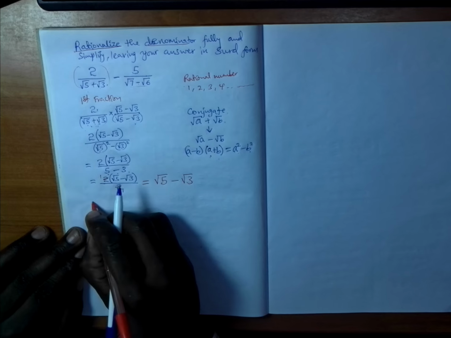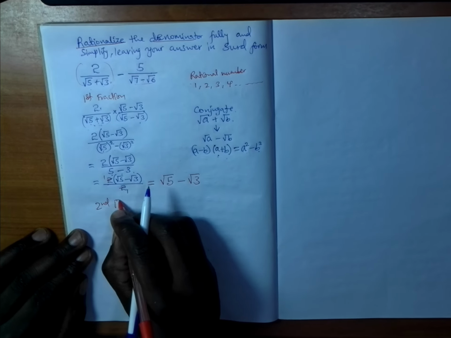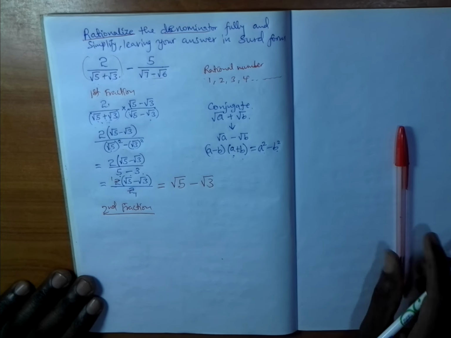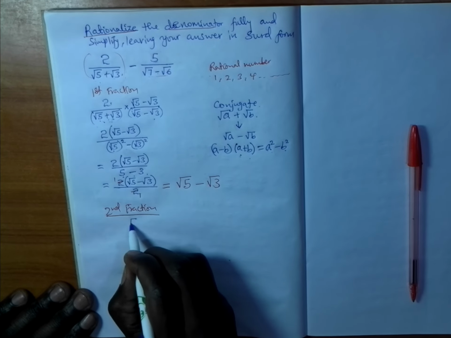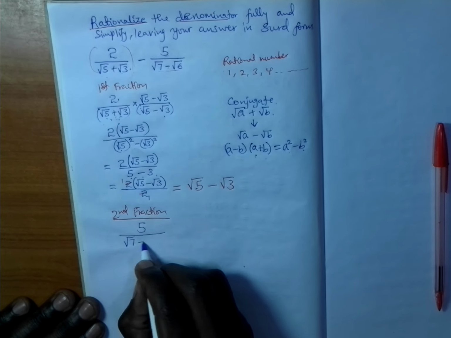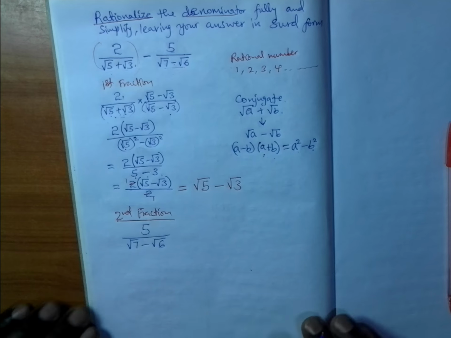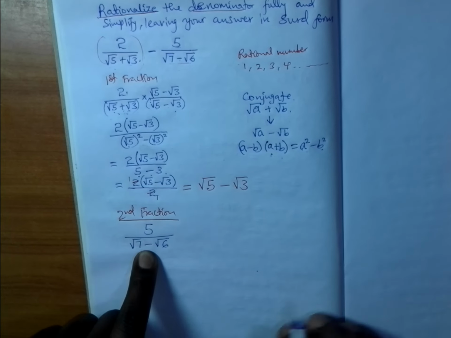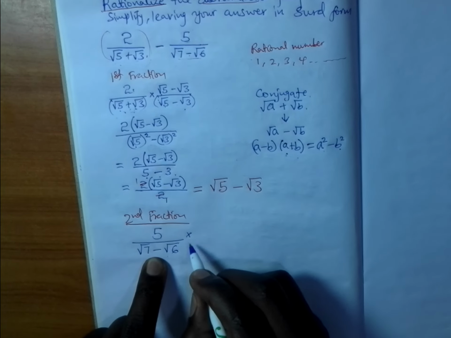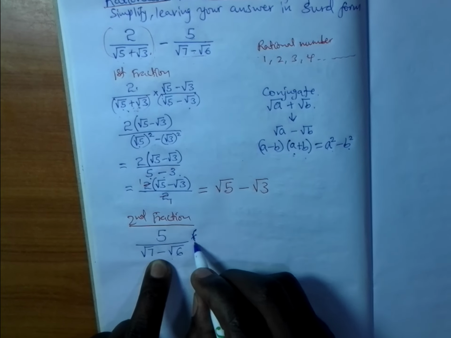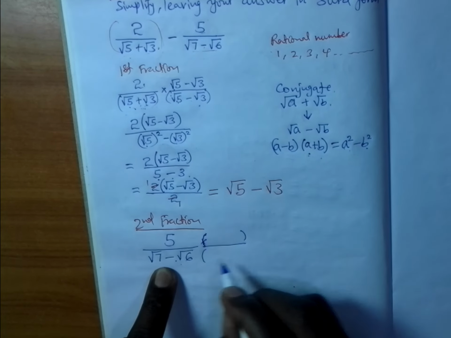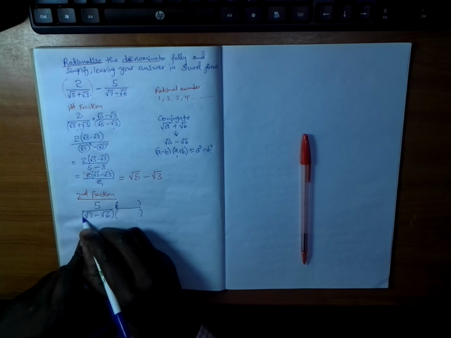Then the second fraction, which is 5 all over root 7 minus root 6. Again, to rationalize the denominator of this fraction, we multiply the numerator by the conjugate and also the denominator by its conjugate.